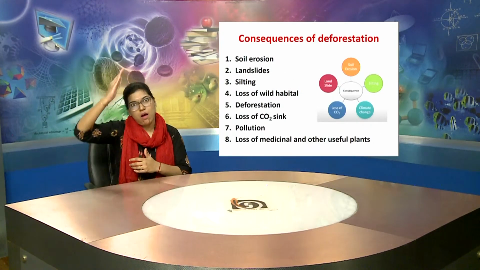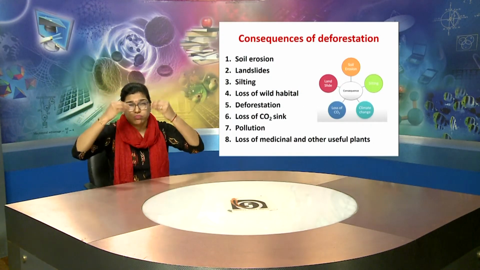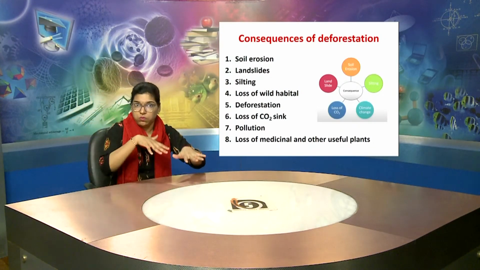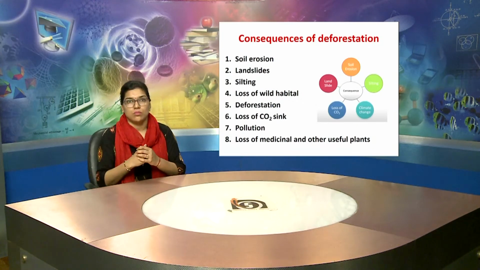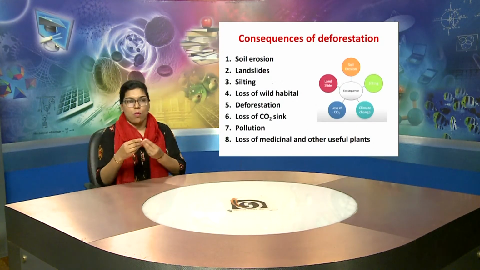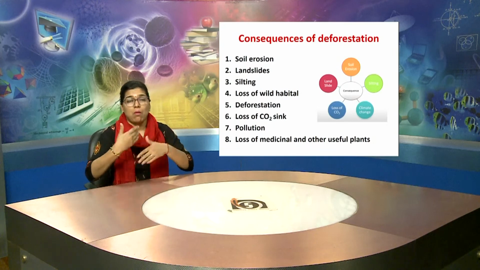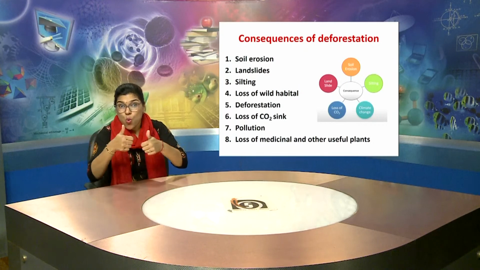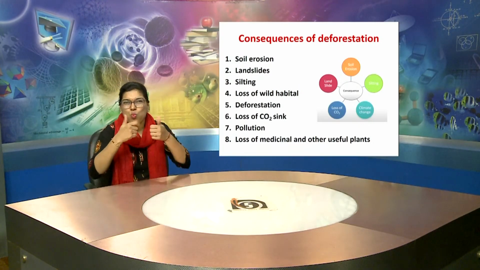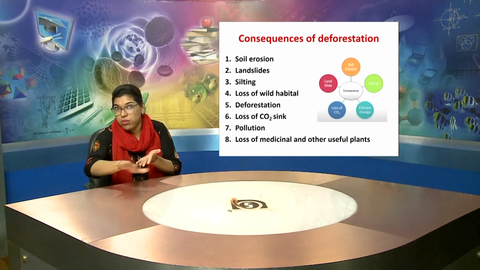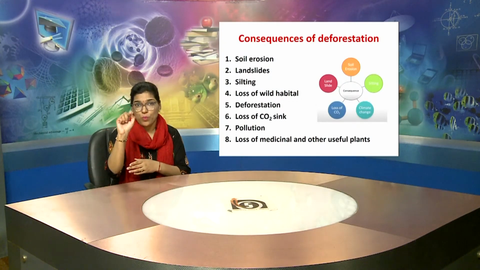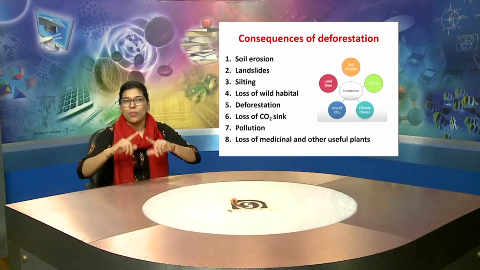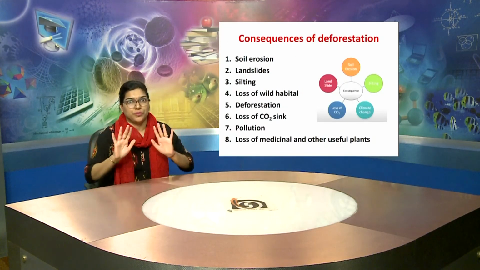The first consequence of deforestation is soil erosion. The second consequence is landslides. The third consequence of deforestation is silting. The fourth consequence of deforestation is loss of wild habitat.